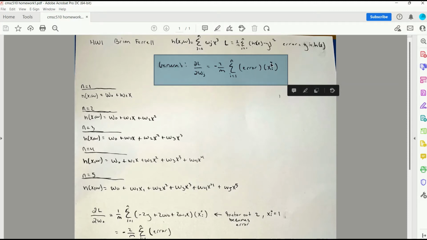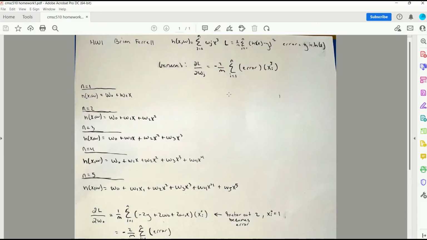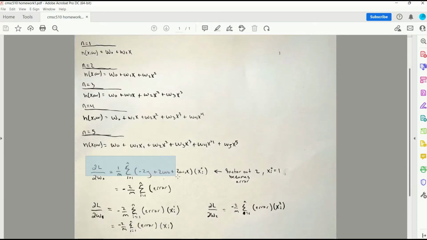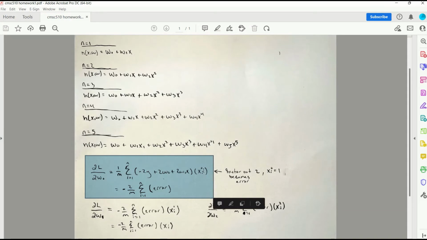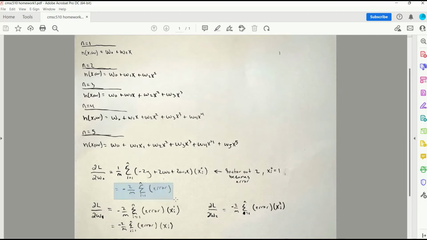So whatever weight we are finding our gradient for, that ends up being the exponent for x. Since our first one is weight 0, technically we get x_i to the power of 0, which is just 1, which is why this is just the error, right?